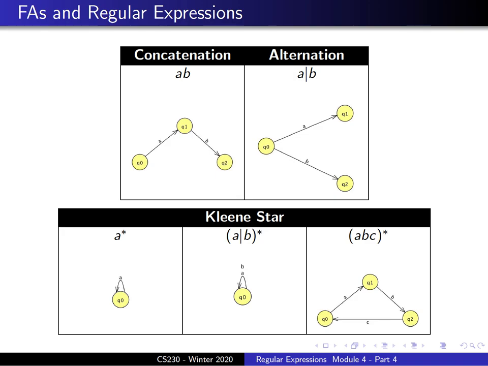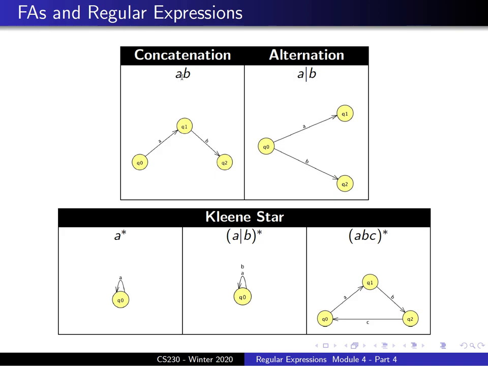So here's a little bit of a cheat sheet in terms of how we would convert each of these regular expression operators into a finite automata. Where we see concatenation, for example, we would be moving along those characters on transitions from one state to another.